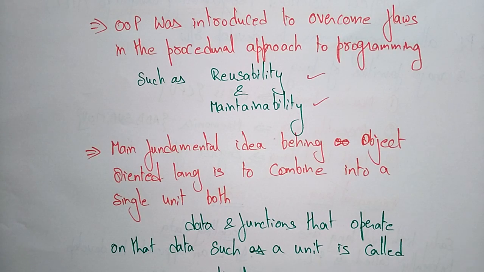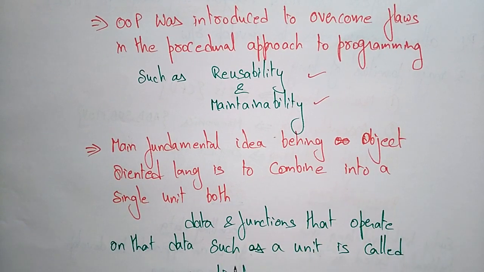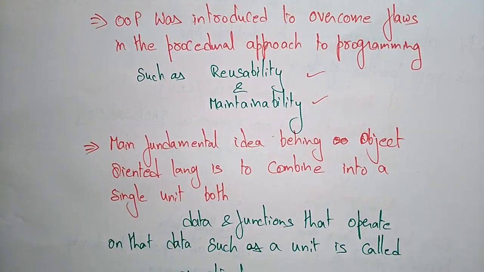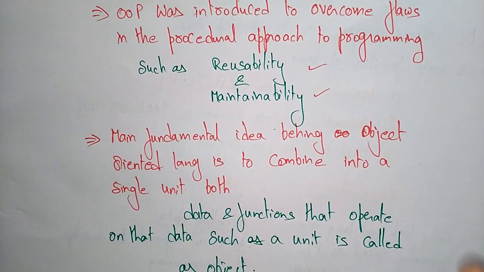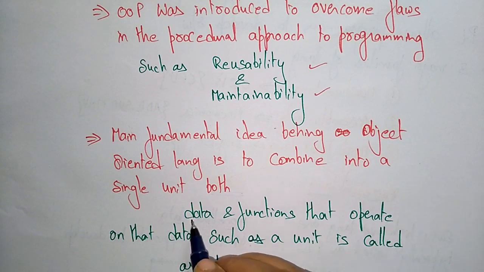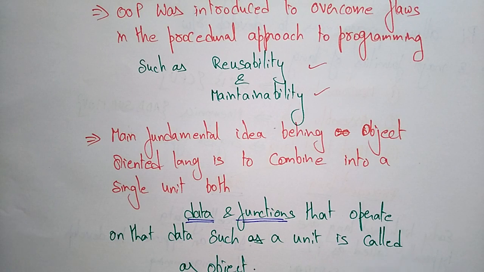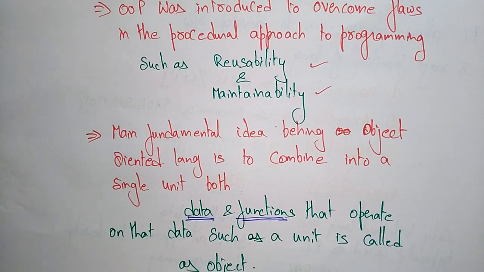So what does it mean? The main fundamental idea behind the object oriented language is to combine all the functions or structures into a single unit, consisting of the data and functions. In the procedural language, it is just like a sequence of programming.